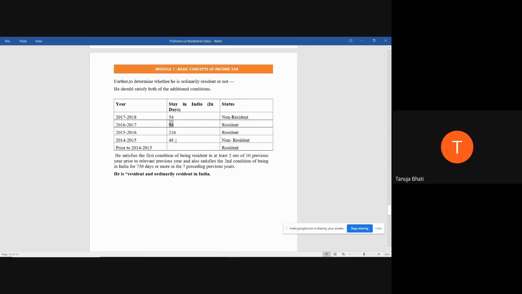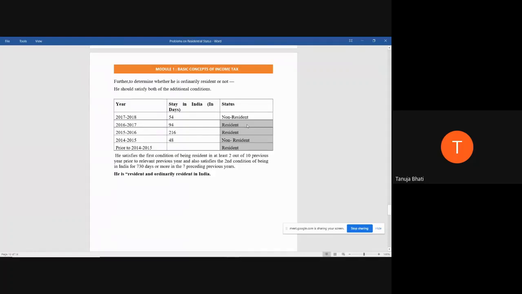And 1415 he is for 48 days. He is not satisfying both the basic conditions, hence he becomes a non-resident. And prior to that he was always a resident. So now, last 10 years, if we see, in any 2 years he is a resident, more than 2 years he is a resident. Therefore, he is satisfying the first additional condition.